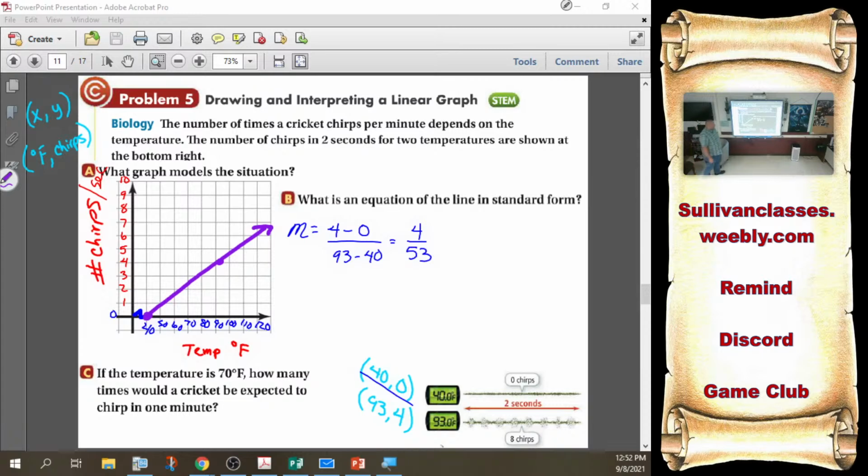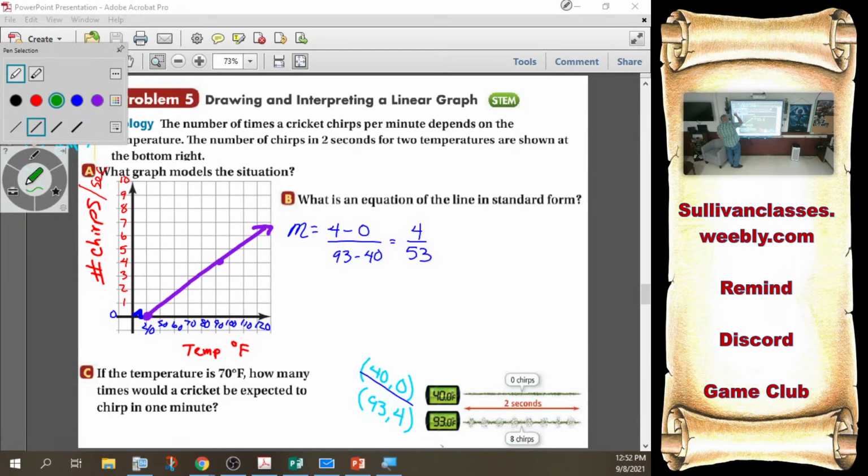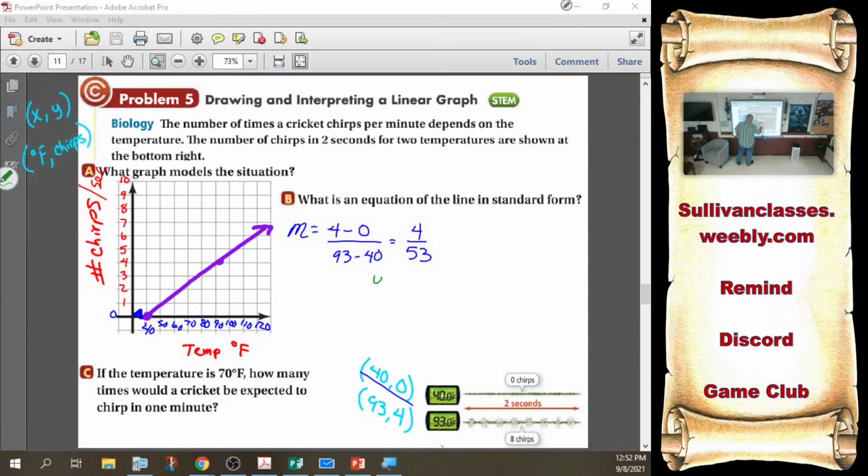To finish off the equation, maybe I'll use the coordinate that's got a 0 in it, because that's nice and easy. We'll say y minus y1 is m times x minus x1.